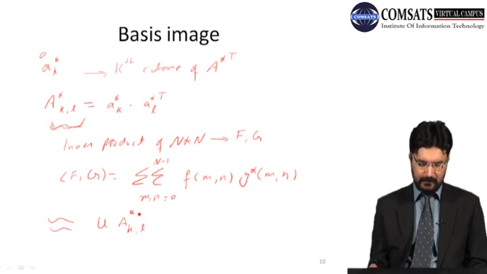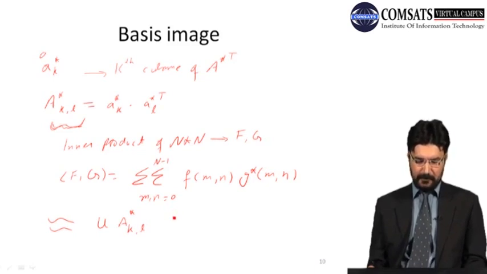So this derivation simply says that the purpose of image transformation is to represent an input image in the form of a linear combination of a set of basis images.